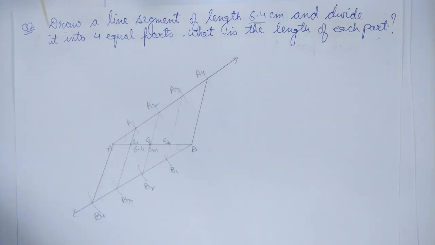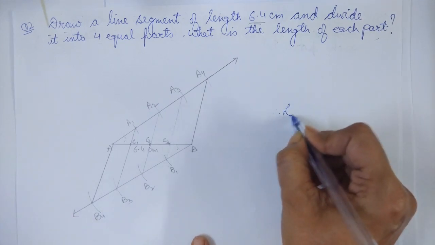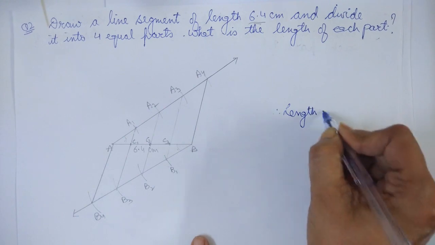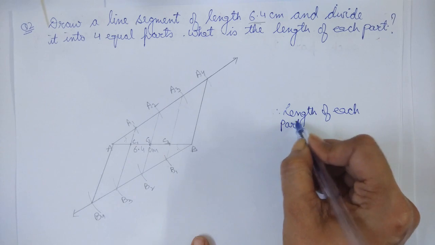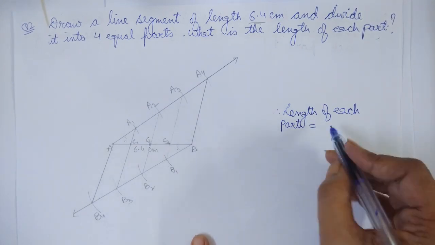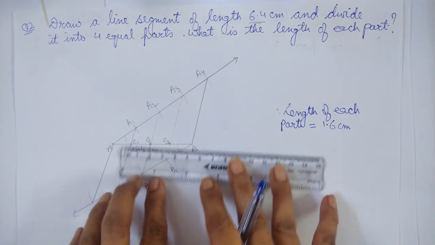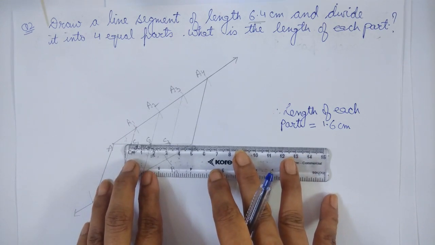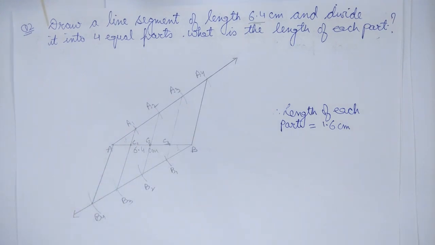So what will you write? Therefore, length of each part equals 1.6 centimeter. All of them should come as same. The measurement should come as same. So the length of each part is 1.6 centimeter. With this scale, you will measure it.